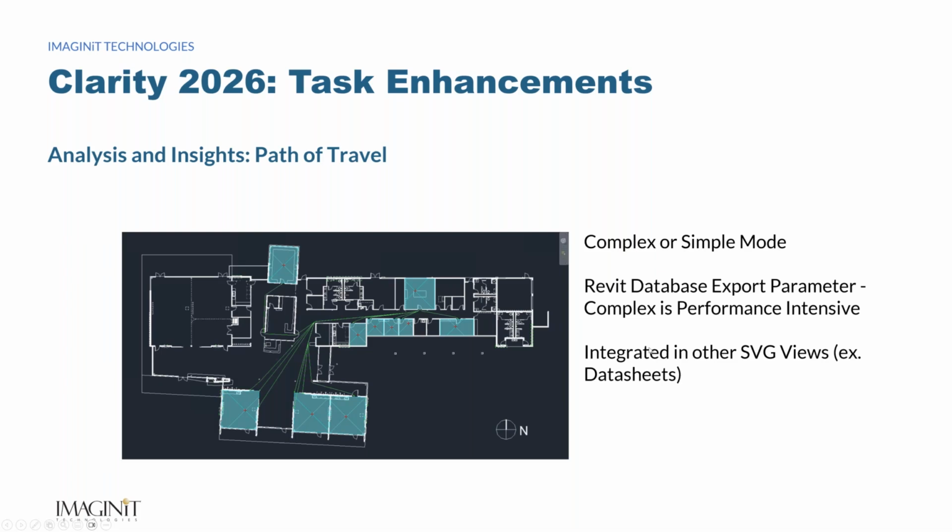The simplified mode is much faster and much more performant, and it seems to come up with a good result as well. It just doesn't go around corners quite the same as this fancy diagram shows. Other things, we also can allow you to see this path of travel in any SVG views that you have, say, on data sheets in other areas like that.